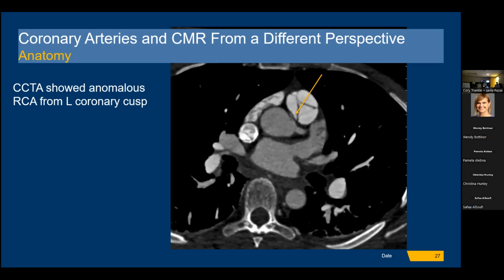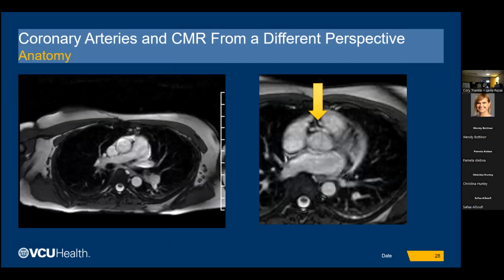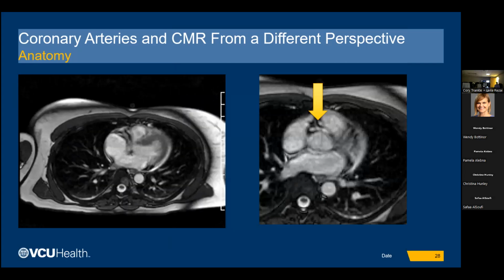However, it did not quite explain the findings, the very acute nature out of the blue of the disease, and she had some other symptoms associated, which made it unlikely to be a result of an aberrant or anomalous coronary artery. So very rightfully, the patient was sent for a cardiac MR.